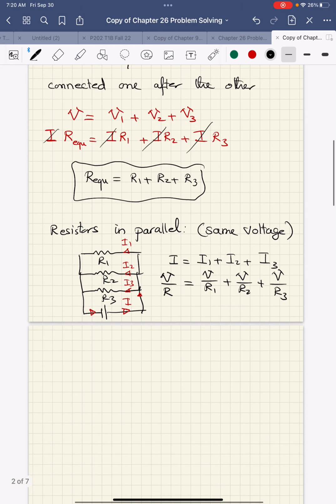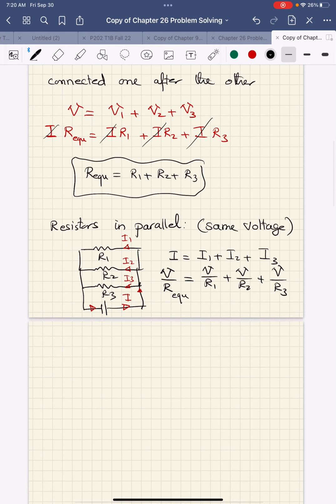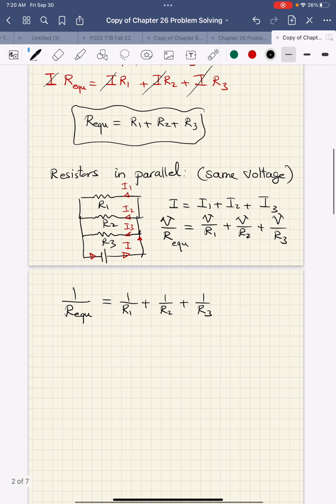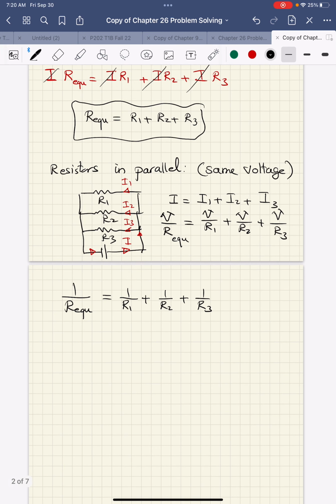From these, I know that this is the equivalent. Then I can say 1 over R equivalent equals 1 over R1 plus 1 over R2 plus 1 over R3. This is how we connect when we have resistors in parallel.